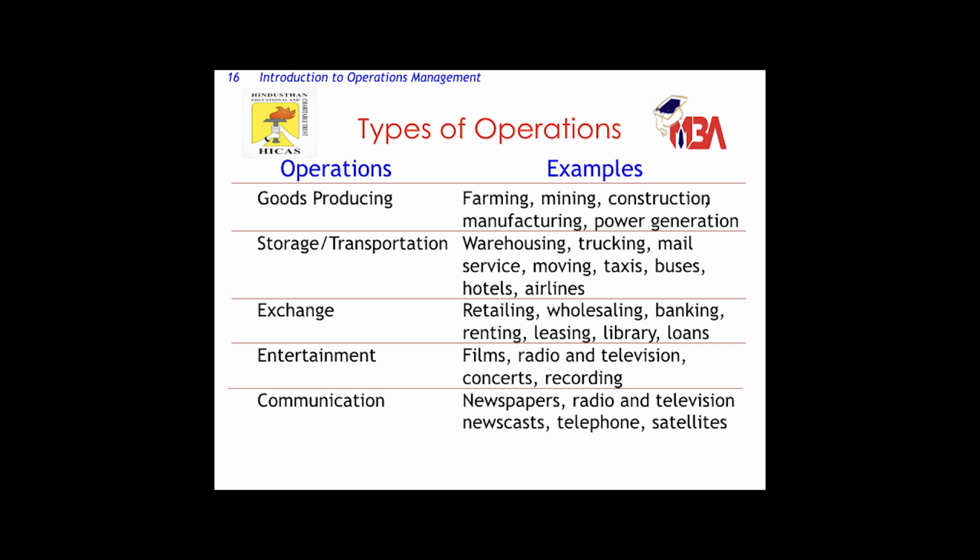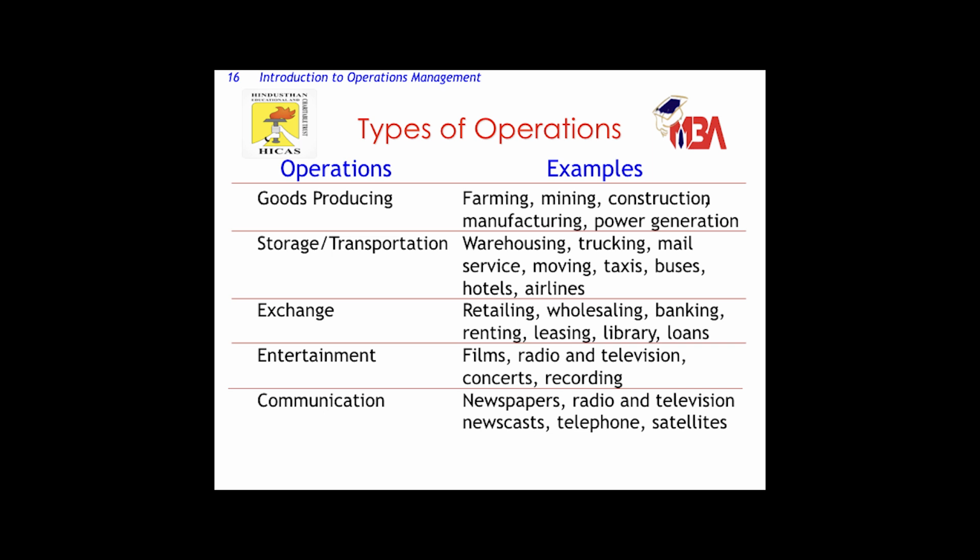I hope you will be able to understand what retailing is, wholesaling is about, banking, renting is about. The entertainment operation examples are films, radio and television, concerts, and recording of certain programs. They are all coming under the entertainment industry. So entertainment operation involves all these examples.